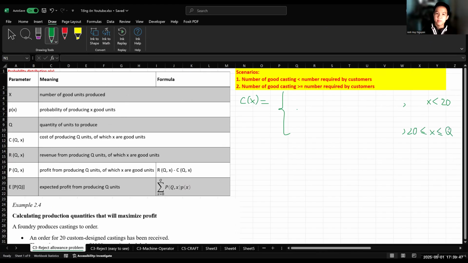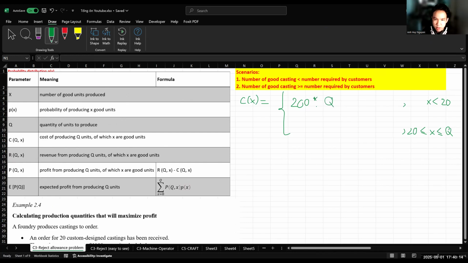Okay. So remember, as I mentioned earlier, if you produce less than 20 good castings, they don't buy anything. So you have to recycle all of them. So here, the equation will be 200Q.